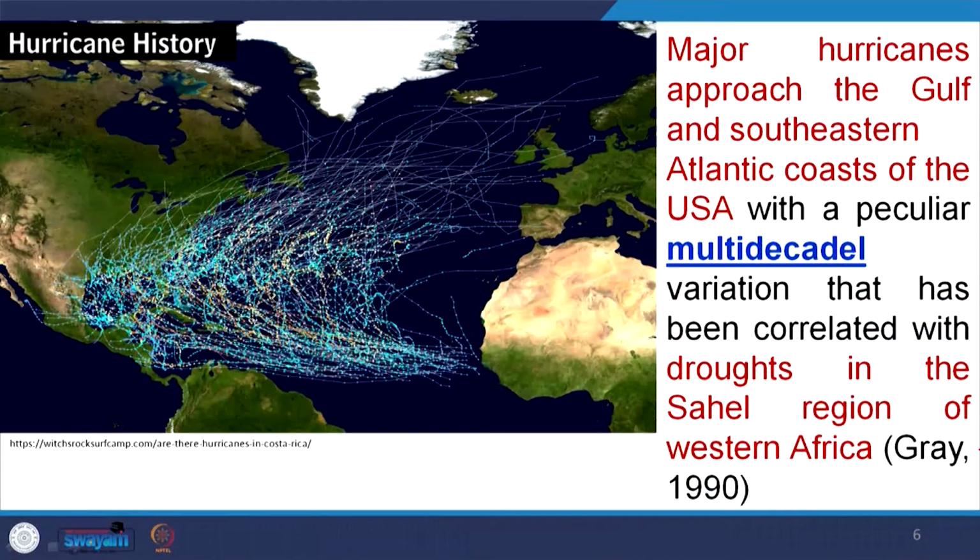A world example is given here: major hurricanes approach the Gulf and Southeastern Atlantic coast of the USA with a particular multi-decadal variation that has been correlated with drought in the Sahel region of Western Africa.